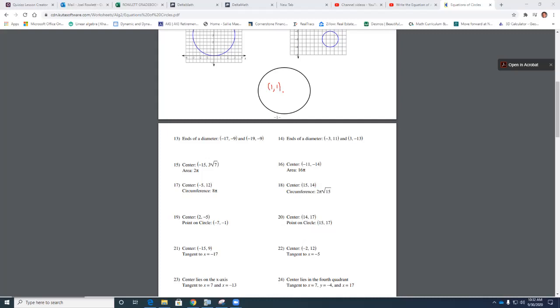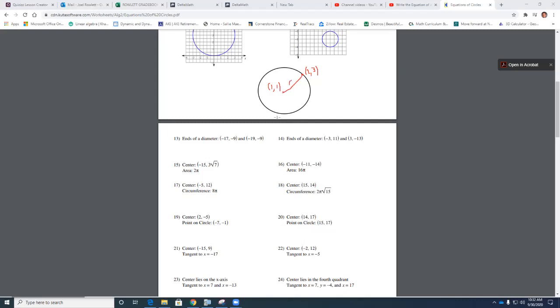And suppose I tell you that one of the points on the circle is 2, 3. Is it possible to figure out the length of this radius?